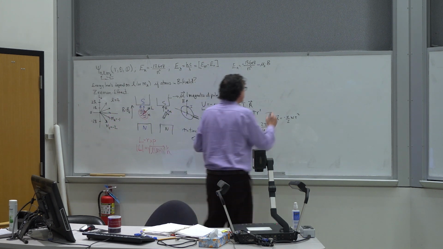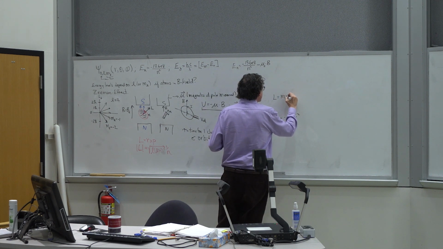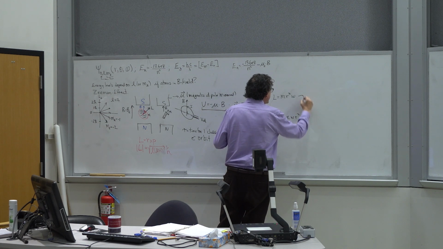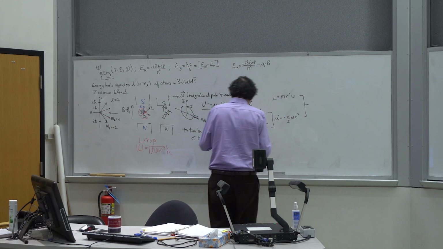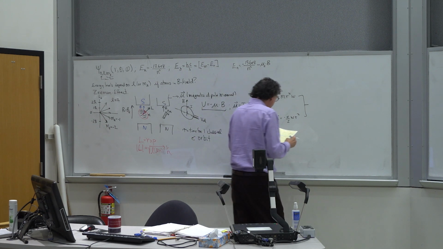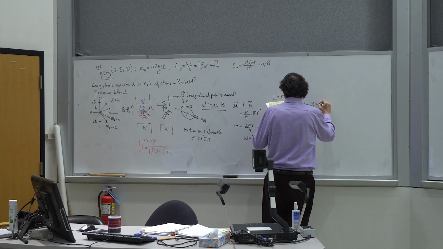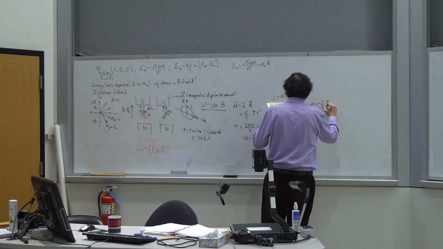Furthermore, angular momentum can be written as the moment of inertia, which is m r squared, times omega. Okay? So now I can put these two together and eliminate omega r squared, and I get that mu is equal to minus 1/2 e over m times the angular momentum L.